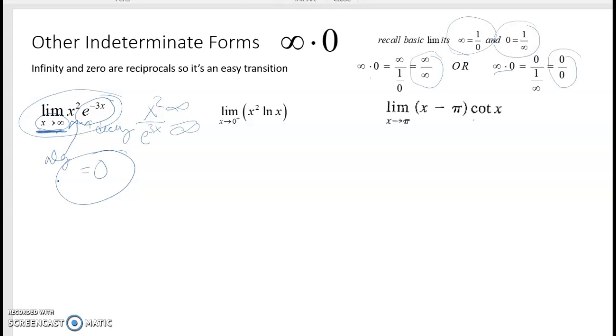Okay, so what if we look at this one? Now we're going to 0, so we get 0 times negative infinity. So we have a choice. We can either change this into x squared over 1 over ln of x, because that would be the same expression, or we could change it into ln of x over 1 over x squared.